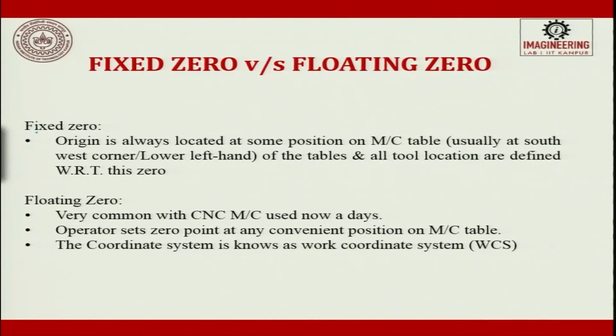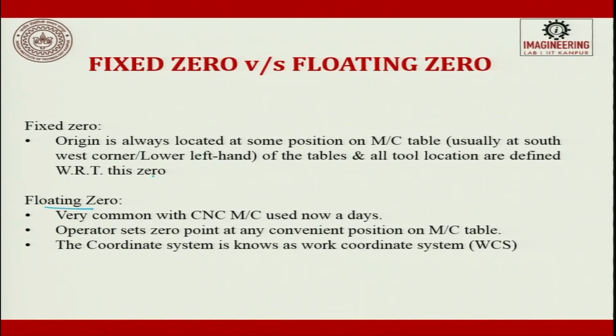The first thing is we have to understand two things, called fixed zero and floating zero. Fixed zero: the origin is always located at some point on the machine table or inside the machine tool, and all tool locations are fixed with respect to this zero.